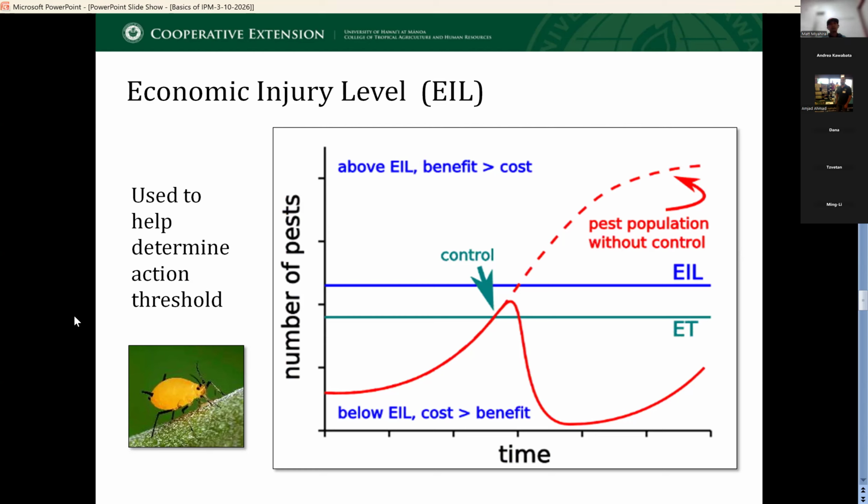That adds to the cost and may not give me back a good amount of revenue for that 10% feeding on the leaves. However, if the feeding is 50% or 60% on the leaf, and that's impacting photosynthesis, then it's economically viable for me to get the chemicals and spray to control the pest. So that threshold is very important.